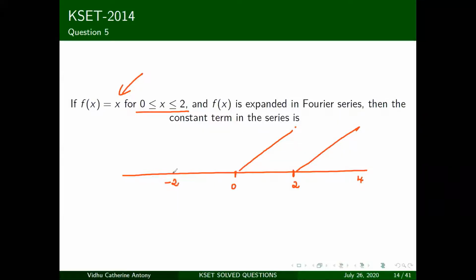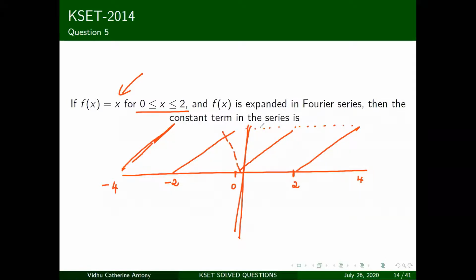So you have -2, and then you have -4. Now if I reflect this along this path, if I put a mirror and reflect it, you put a mirror image here and you have something like this coming up.